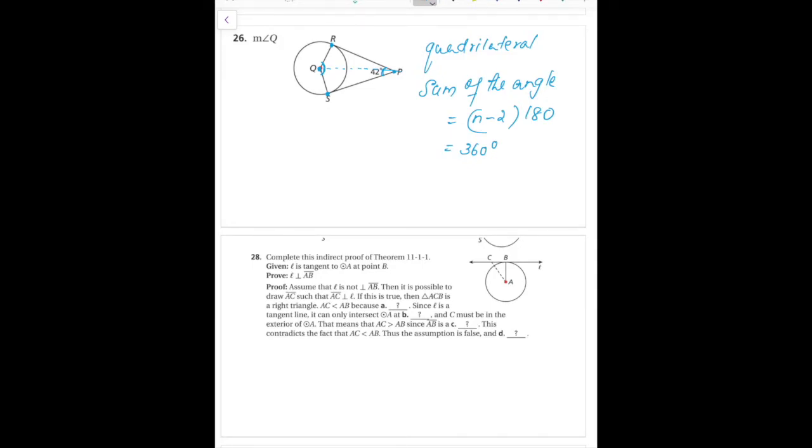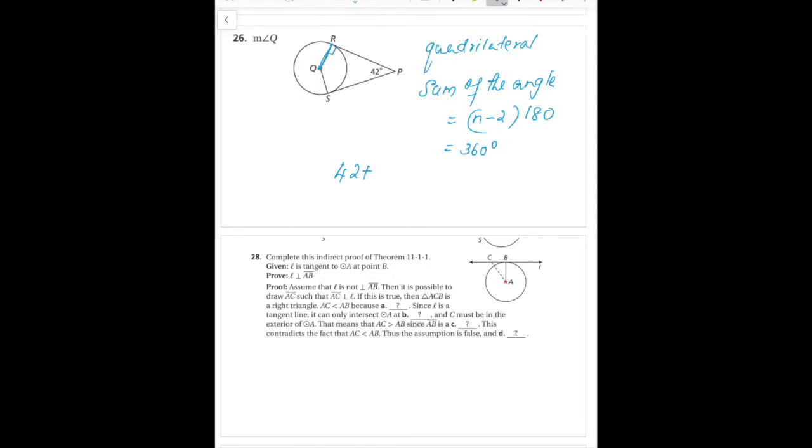Do I know any of those angles in the quadrilateral? If I look at the quadrilateral, I can see I know angle P. Angle P is 42 plus any other angle? Yes, because RP is a tangent and this is a radii.